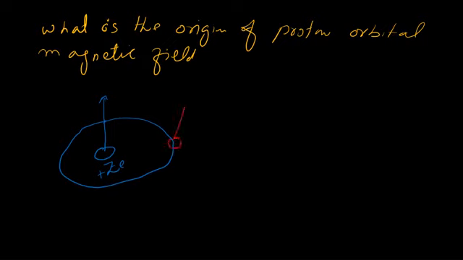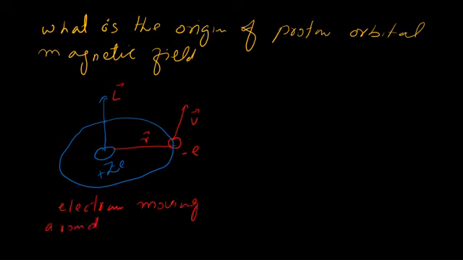This is the electron, moving with velocity v, its charge is minus e, and this is the radius vector r. This is the direction of the orbital angular momentum. This is one point of view, where the electron moves around the nucleus, around the proton.